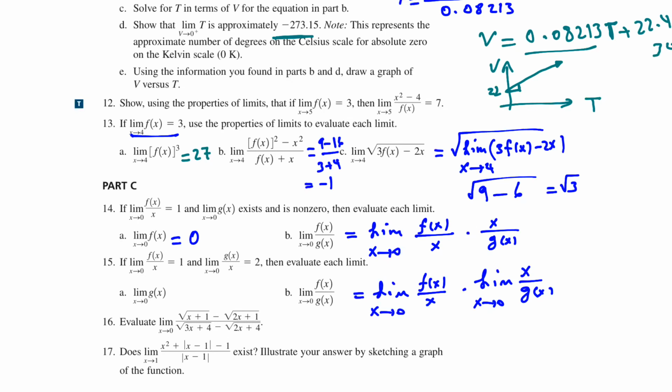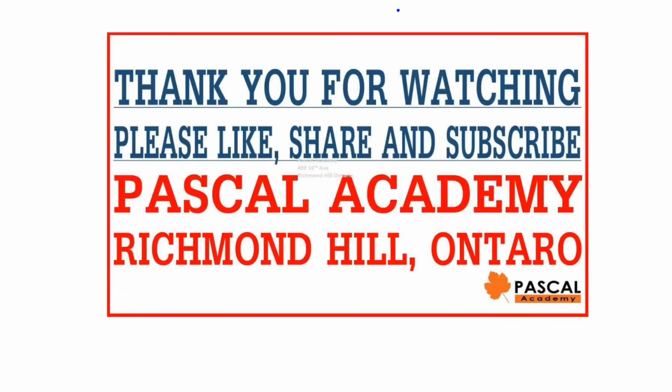The limit of a multiplication and the multiplication of limits are the same. The limit of f of x over x is 1, and the limit of x over g of x as x approaches 0 is 0, since the numerator approaches 0 and the denominator is non-zero. Therefore, the limit of f of x over g of x as x approaches 0 is 0.